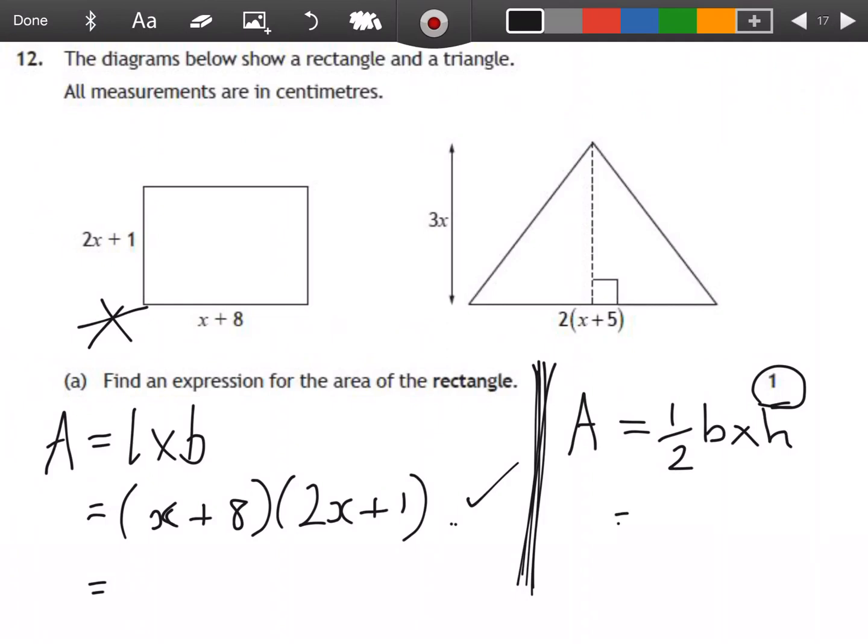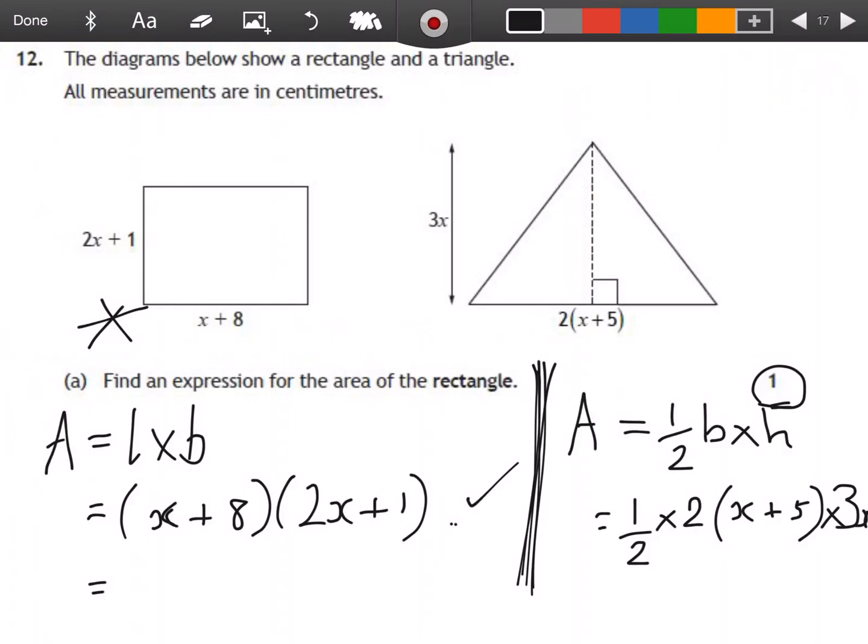Okay, so it's going to be a half times 2 bracket x plus 5 times by 3x, okay, that will just about fit it in.